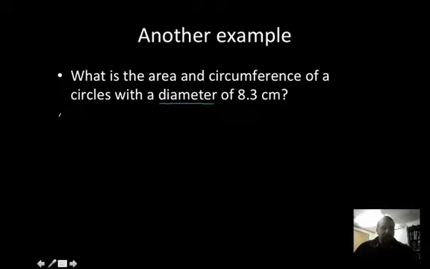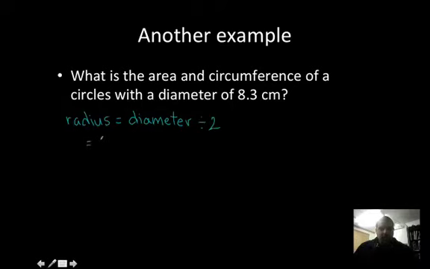To find the radius if we have the diameter, the radius is equal to the diameter divided by 2.